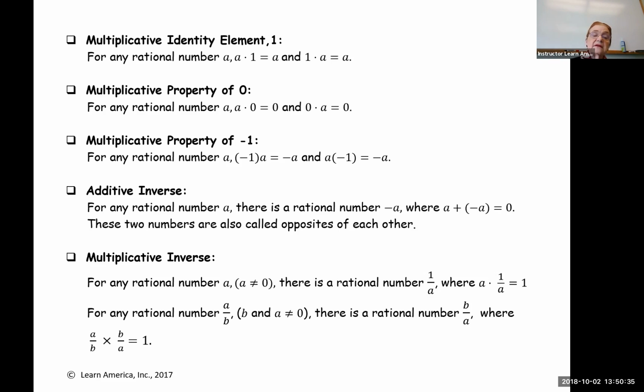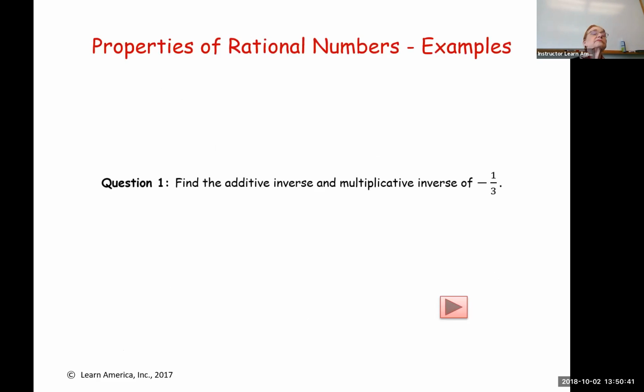So A over B times B over A produces the identity element for multiplication, which is 1. Now let's take a look at some problems. First question. Let's find the additive inverse and the multiplicative inverse of -1/3. Now take a moment to think about what you think the answers might be.